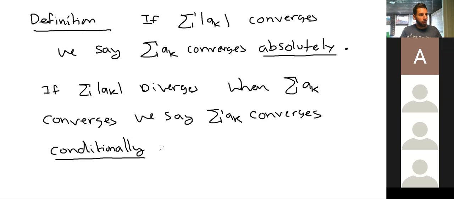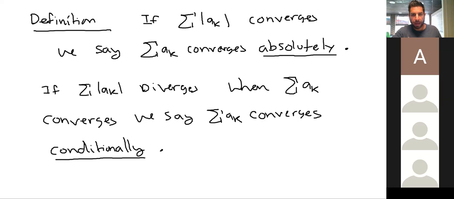So there's two words here that are very important in mathematics as we go forward. This idea of absolute convergence and this notion of what we call conditional convergence.